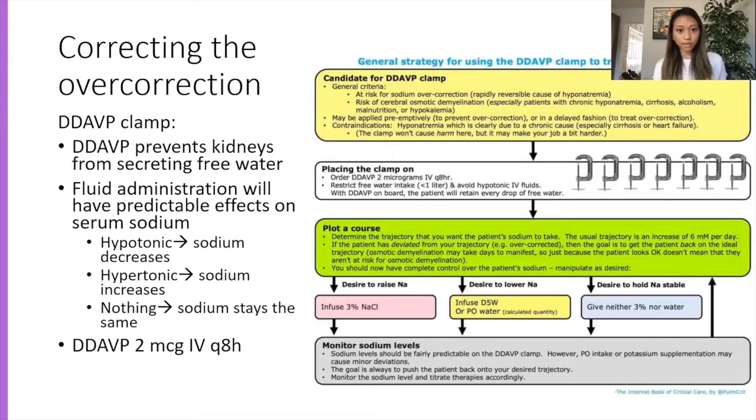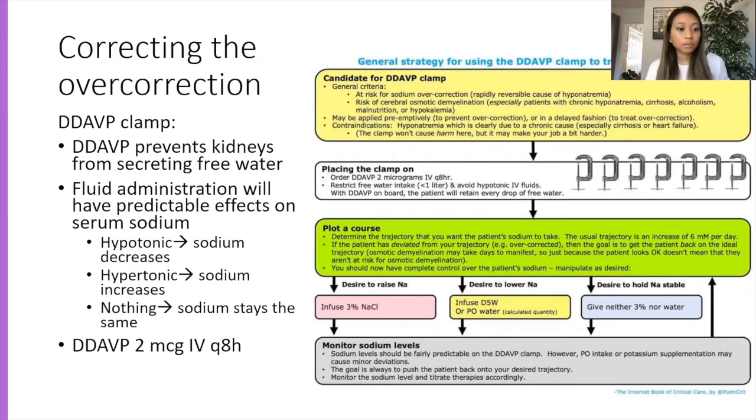Again, this is another figure from EM-Crit, the Internet Book of Critical Care. This is something called the DDAVP clamp. It prevents the kidneys from secreting free water. This is basically antidiuretic hormone, vasopressin. It clamps the kidneys because it kind of takes them out of the equation. Whatever water or fluid you give that patient, they're going to hold on to it. So it makes the way the fluid behaves in the patient more predictable.